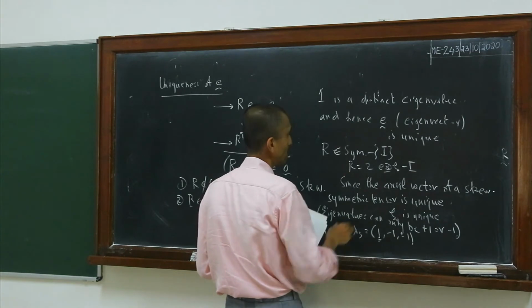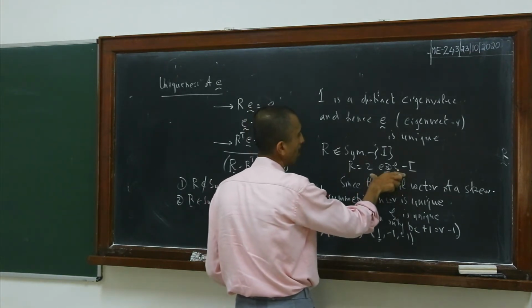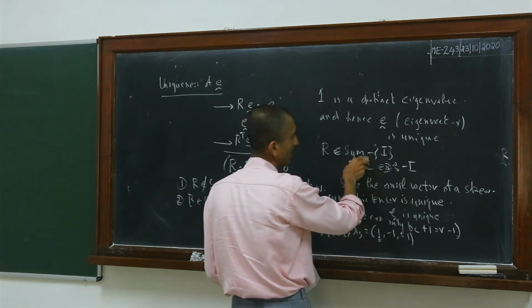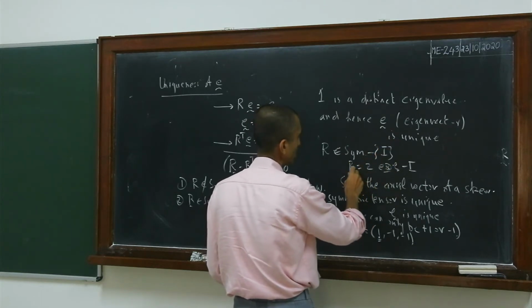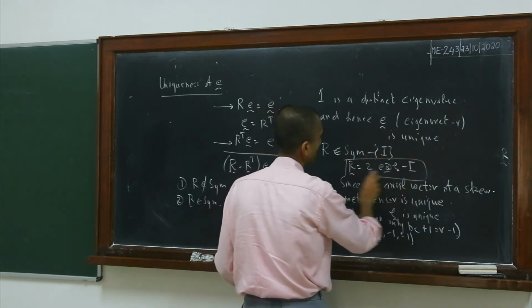This is the most general form of a proper orthogonal tensor that is symmetric and excludes I.